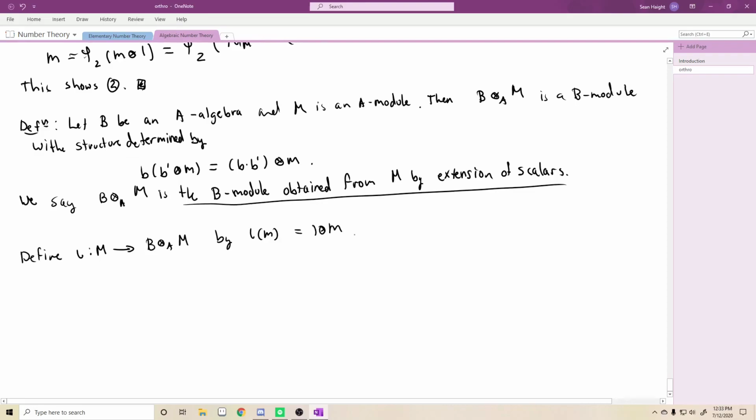You can check that this is well defined. And furthermore, this guy's got a universal property. B tensor over A with M satisfies the following.